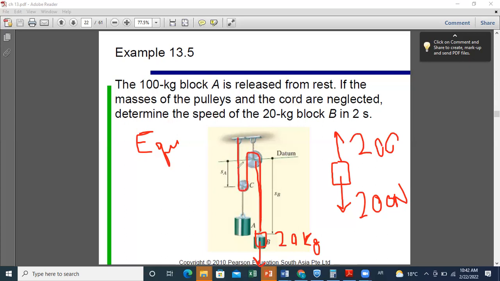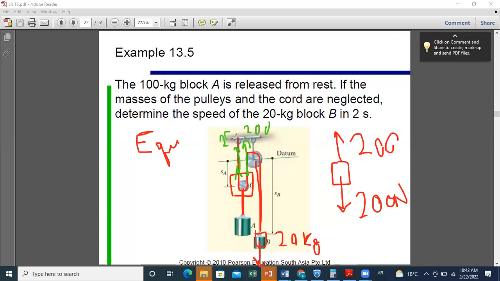So now, if you take the pulley C as the system, what will be the tension in this cord here? 400. Why? Because when you cut at this level, you have 200, and when you cut at this level, you also have 200.